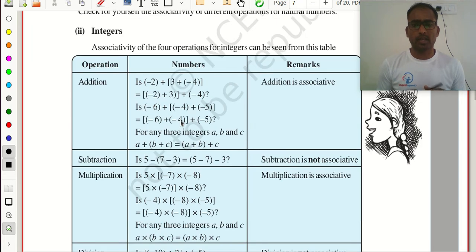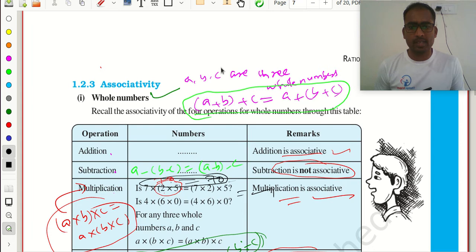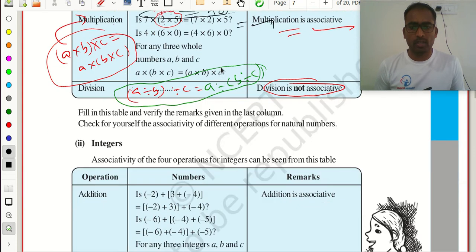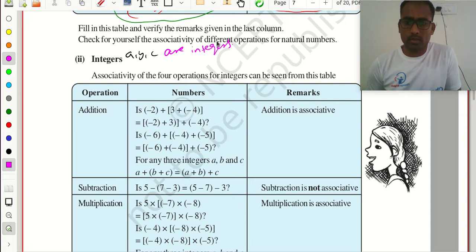Same in integers also. See here, in whole numbers we took A, B, C as whole numbers only. But here we will take A, B, C as integers. Then for addition, in the same way, (A + B) + C is equal to A + (B + C).